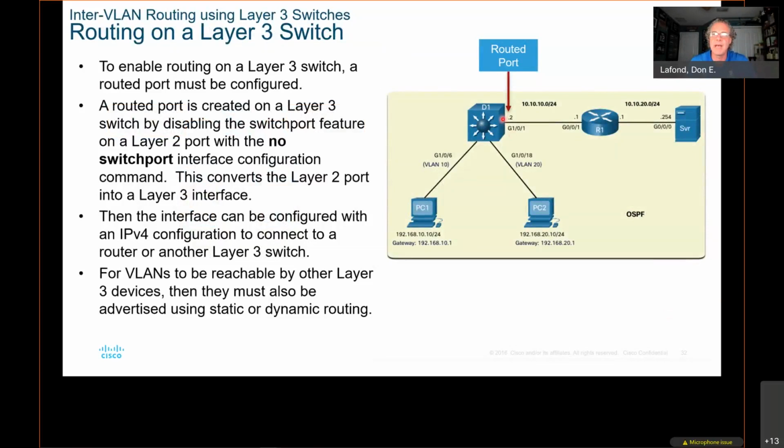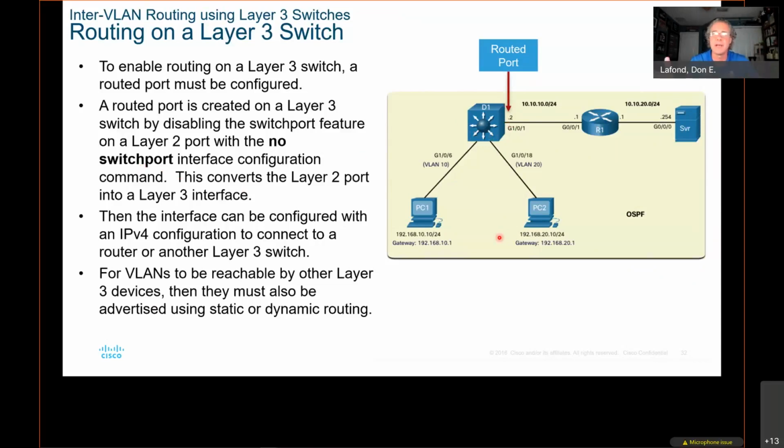We are going to make that port a routable port, and the way we do that is we say no switchport, right? Switches by default, all of the ports are switch ports, and you have to make it a routable port. We're saying you're not a switch port anymore, and that makes it a routable port.